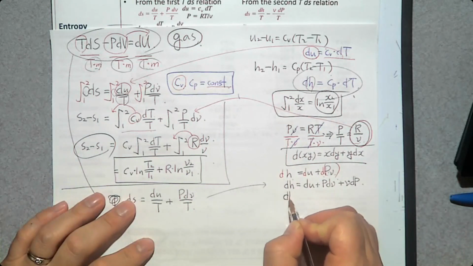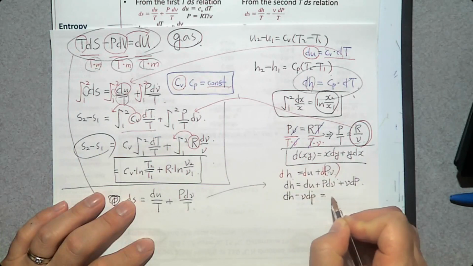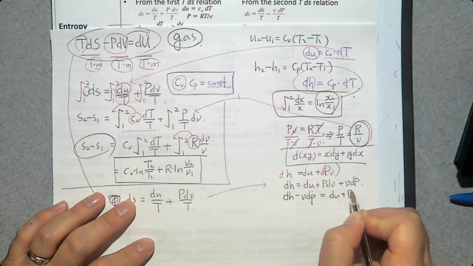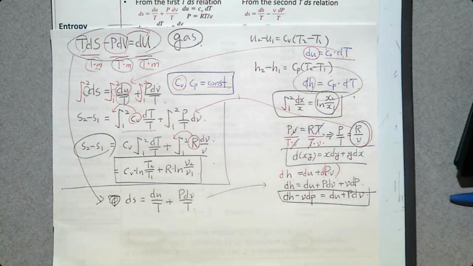So dH minus VdP is dU plus PdV. No problem, right? Now let's go back to this equation. You see one thing, dU plus PdV. Can you replace this dU plus PdV with dH minus VdP?